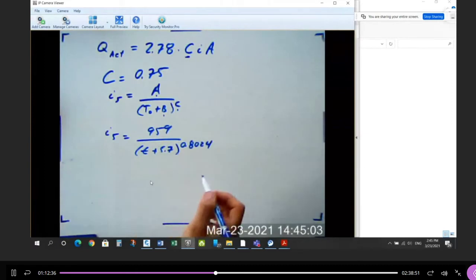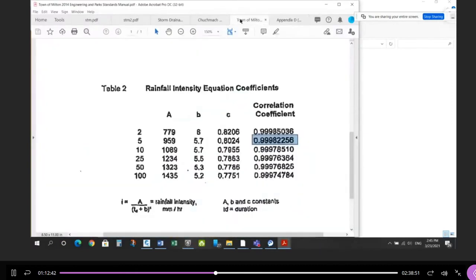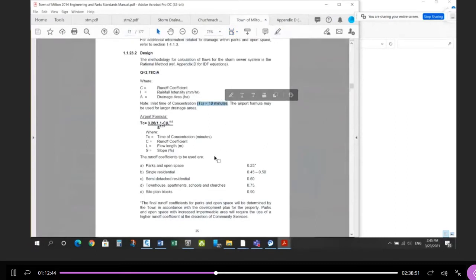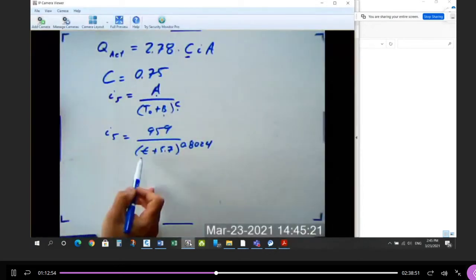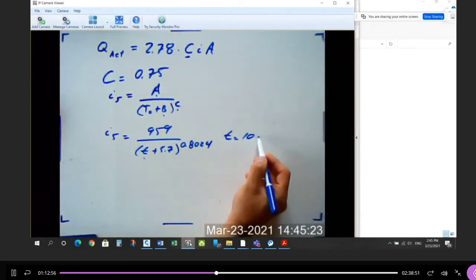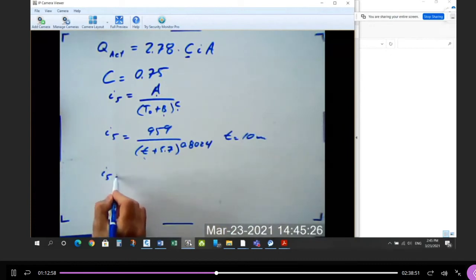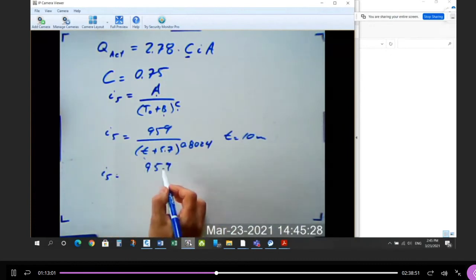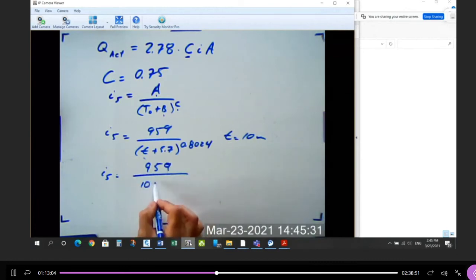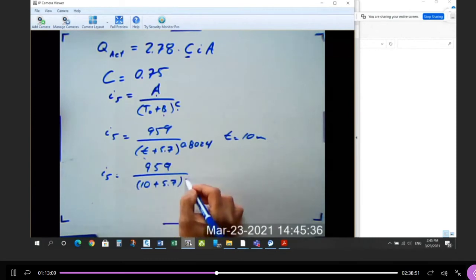So here's the intensity. Calculate this, and the start time, let's go back to the standard. The start time is 10 minutes. So the first T, the top end of the system, the dead end part of the system, the first manhole at the top, starts at 10 minutes. So then we can calculate this based on T. T is equal to 10 minutes. So what's the intensity? 959 divided by T, the start time, plus 5.7 to the exponent 0.8024.